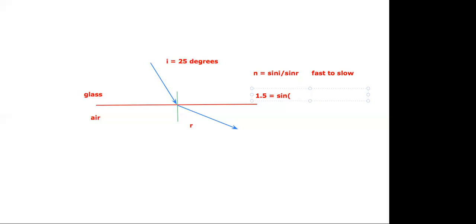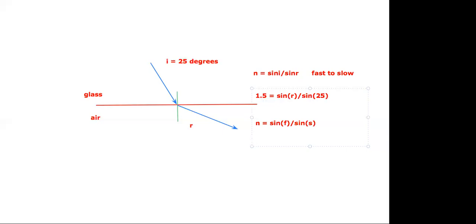The unknown variable we're looking for right now is R. That is actually on top, that's the fast angle. And the angle on the bottom is going to be the 25. Look, I know it's tricky. Just keep remembering, fast to slow. Very often, I write Snell's law my own way: n equals sine fast over sine slow, because that has some meaning to it.